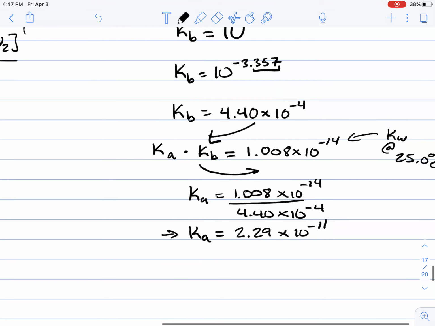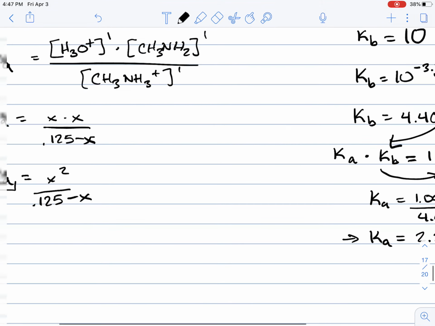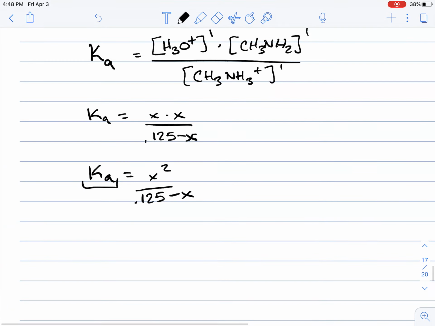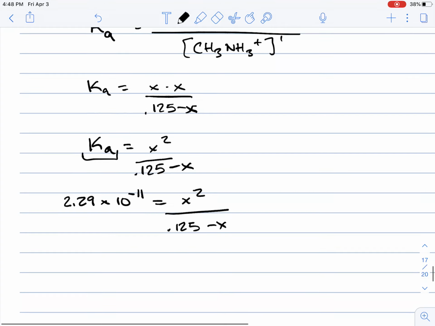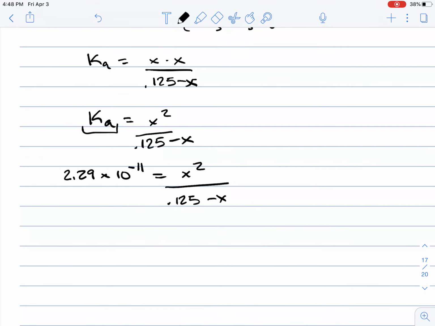And so now that you've determined your Ka, you're going to go ahead and plug that into your mass action expression. So 2.29 times 10 to the negative 11 is equal to x squared over 0.125 minus x. And you don't really want to deal with quadratic equations.